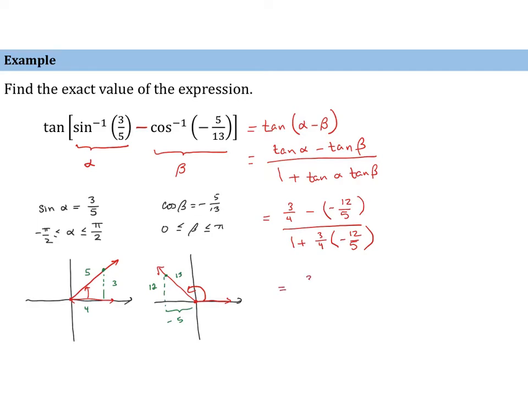And so we have 3/4 plus 12/5 over 1 minus 9/5.